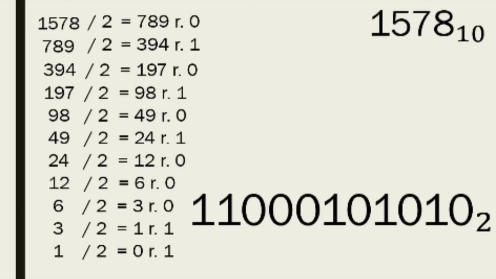Divide the quotient 789 to the divisor and get the remainder again. Continue until the quotient reaches 0. Get the answer by reading the remainder upwards and write the base number of binary, which is 2. 3052 base 8 in octal is 110001011010 base 2 in binary.